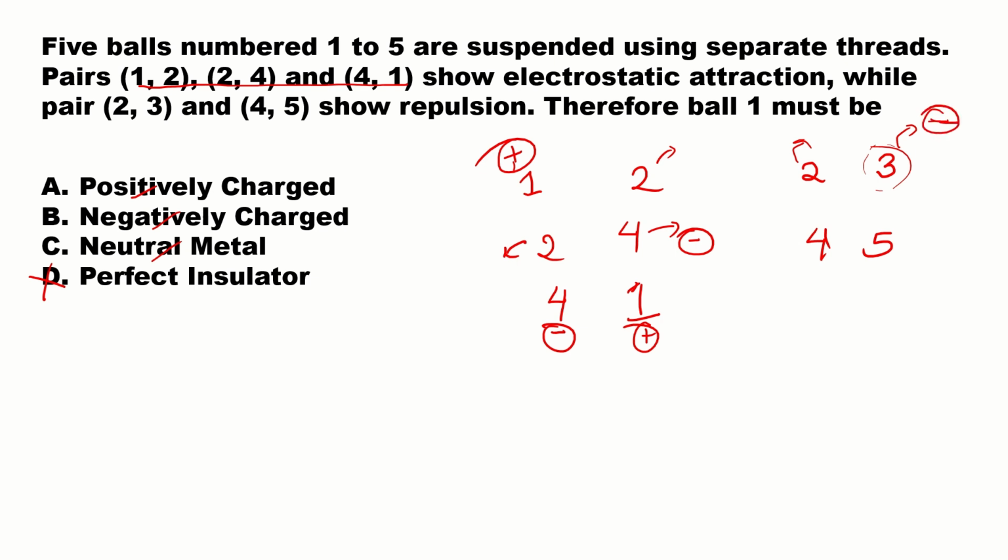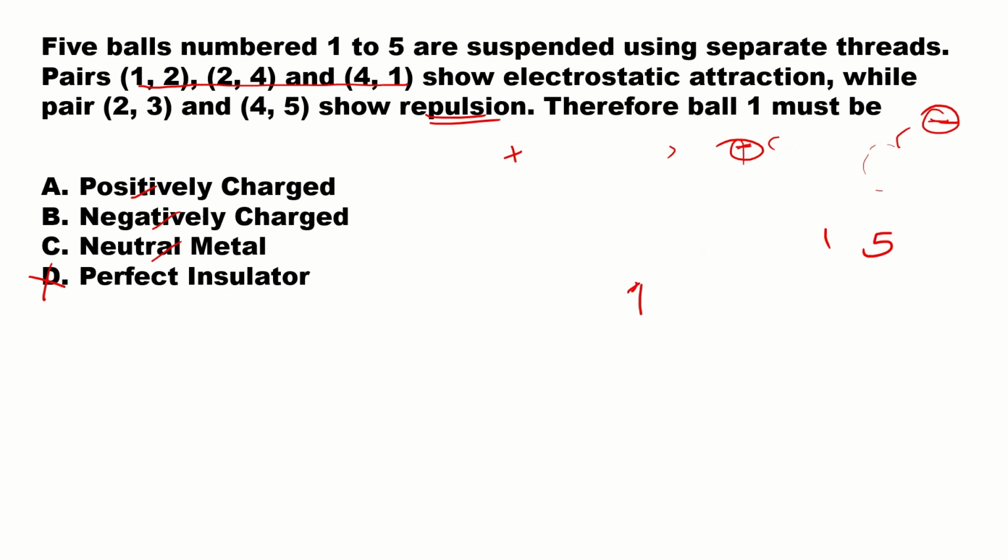I mean, if 3 is negative, then 2 must also have a negative charge in order to induce repulsion. If 3 is positive, 2 needs to have positive charge to show repulsion. So therefore 2 is neutral is a wrong statement. So therefore we have to start again with a different assumption.